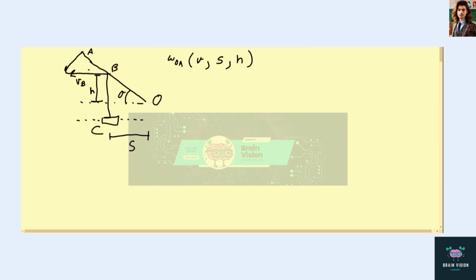So we'd like to find a function for this. So first, we can rewrite our velocity B as just the change in S with respect to time.